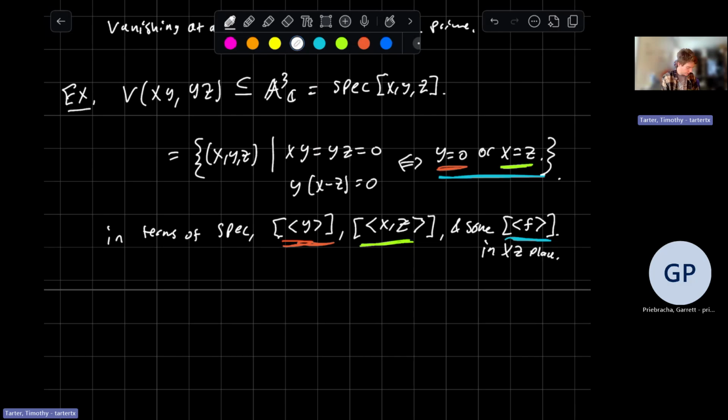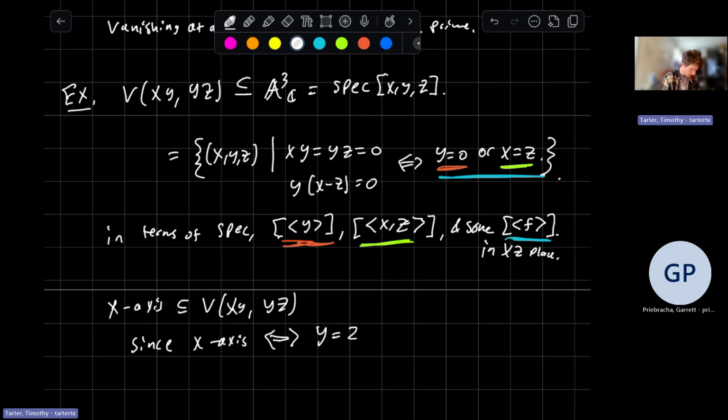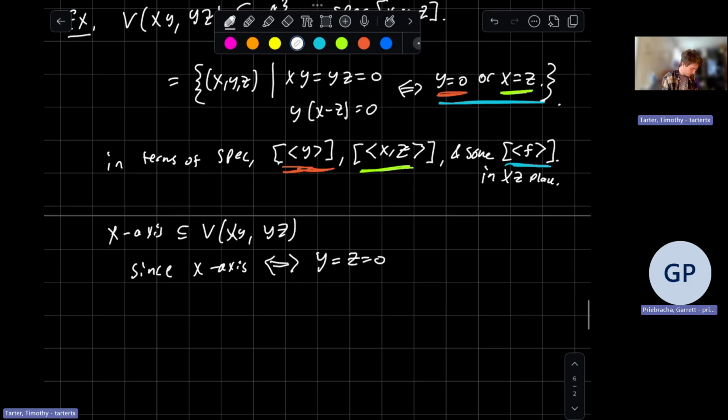Another artifact of this is that the x-axis is contained in V(xy, yz), since the x-axis corresponds to when y equals z equals 0, which is the same thing as the point (y, z).